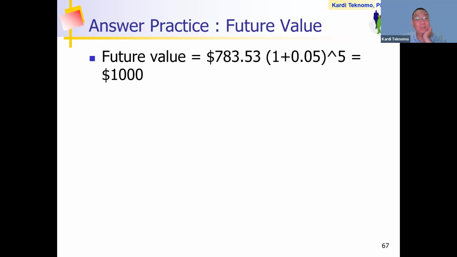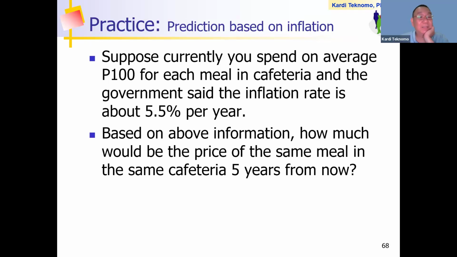To compute the inflation, suppose you spend around 100 pesos on each meal in the cafeteria, and the government says the inflation rate is 5.5% per year.